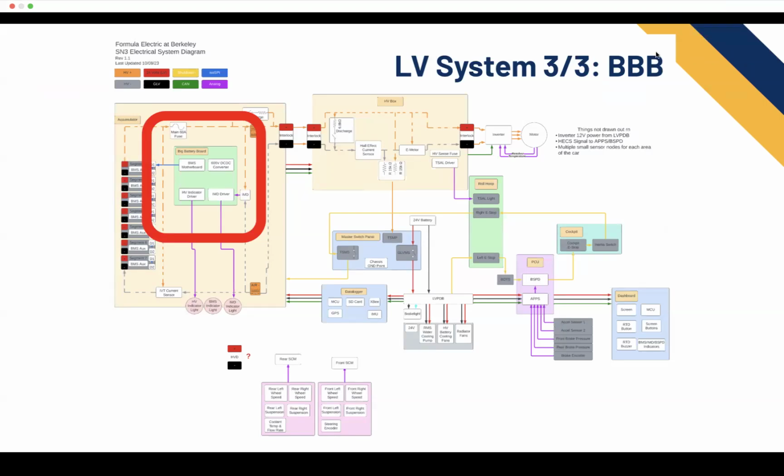The reason for that is because it contains a lot of different things, such as the battery management system motherboard, or we have a 600-volt DC-DC converter that powers the high voltage indicator light, which is a light that has to be on the accumulator casing that works whether the accumulator is plugged into the car or just sitting on its own on a table.